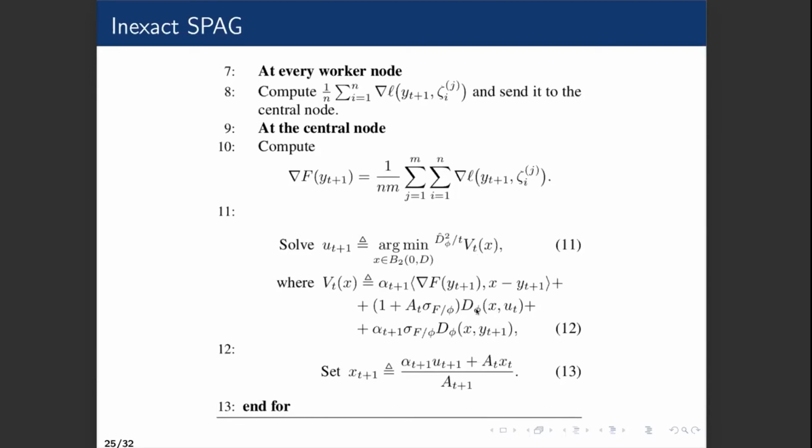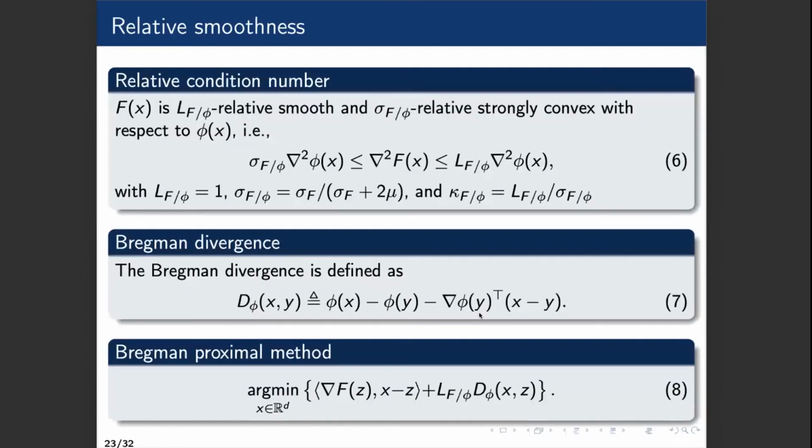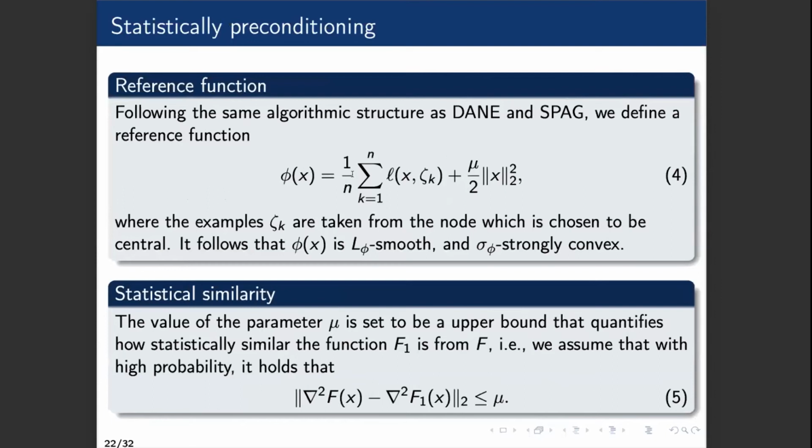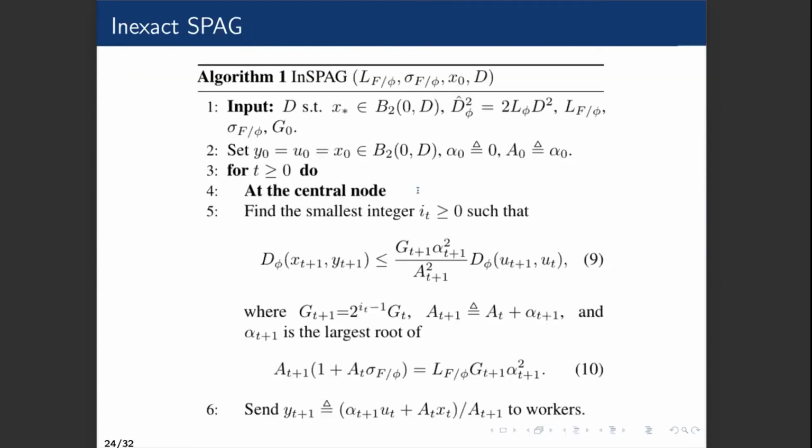So what does it mean? It means that problem v_t is an easy problem, in terms of it contains only functions f and l that are on the central node. These functions and data are only on the central node.